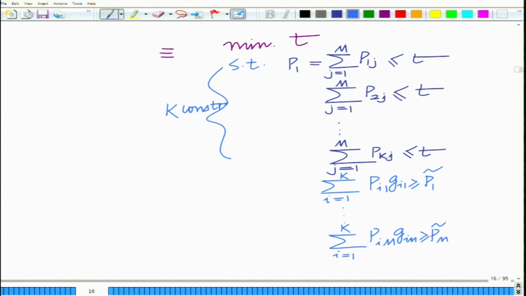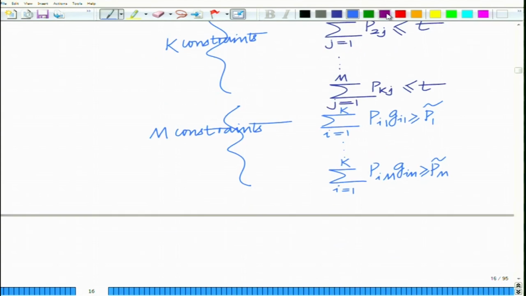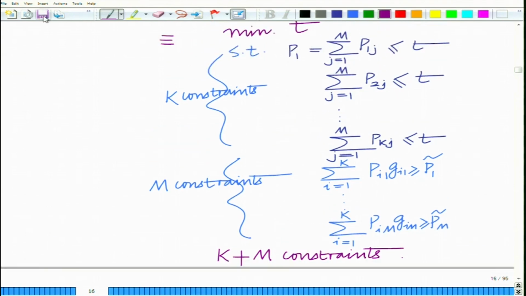So, now we have basically the k constraints, and you can see each is an affine constraint, and these are your previous m constraints. So, the minimax optimization problem has a total of k plus m constraints, all right.